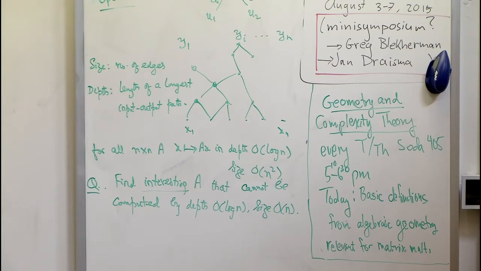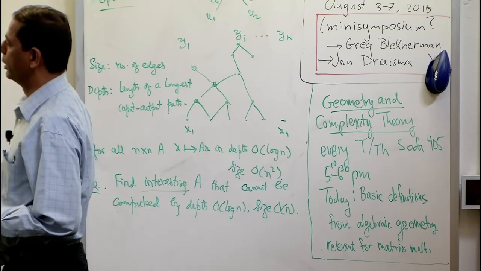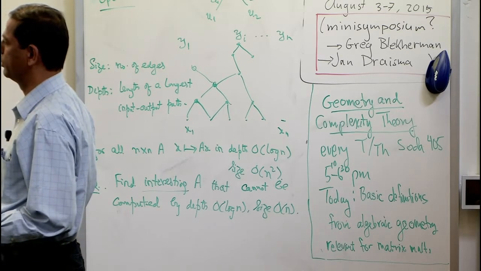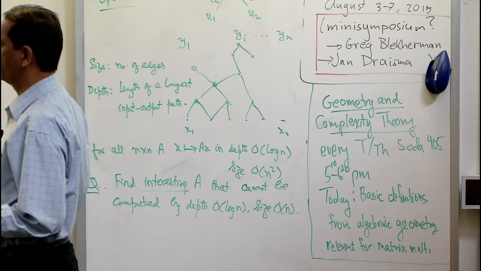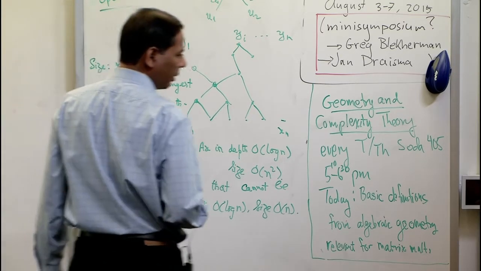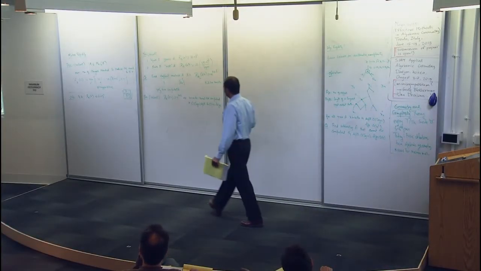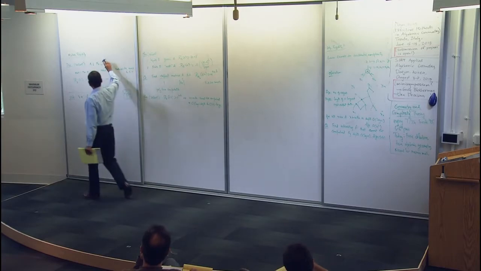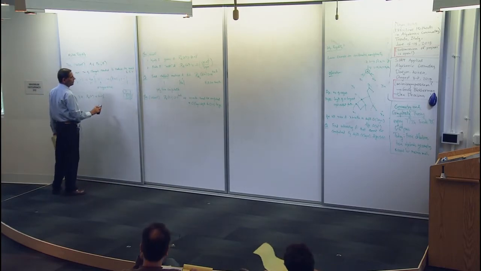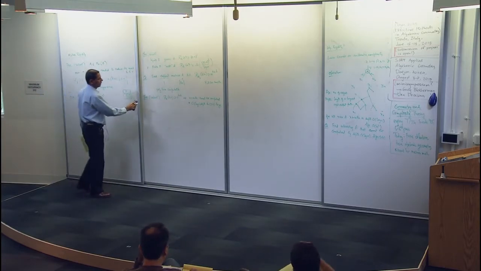Okay, so from now onwards, let's just focus on this question. Just focus on proving lower bounds on rigidity of matrices. So what would be a good candidate for proving a lower bound? We'll use the definition here. Maybe I will use this.